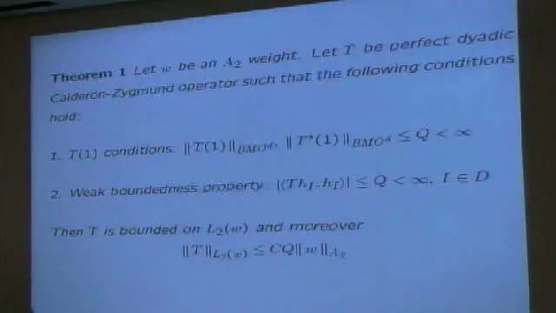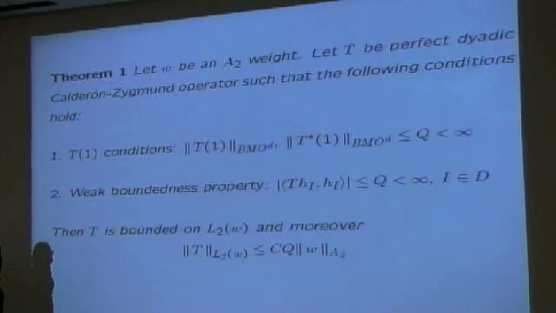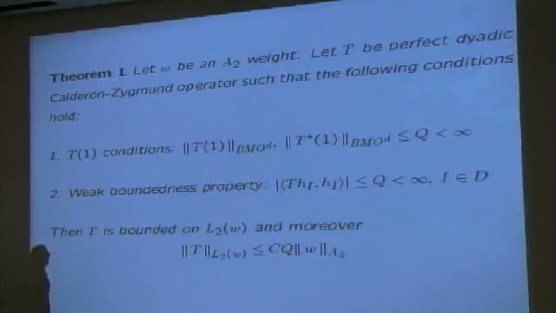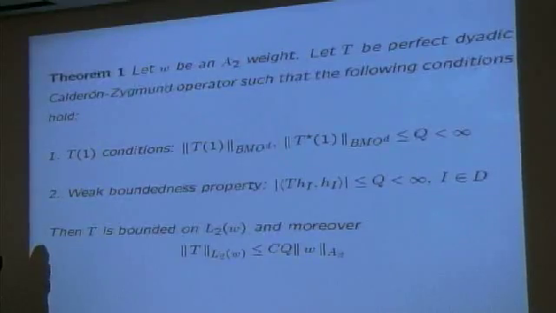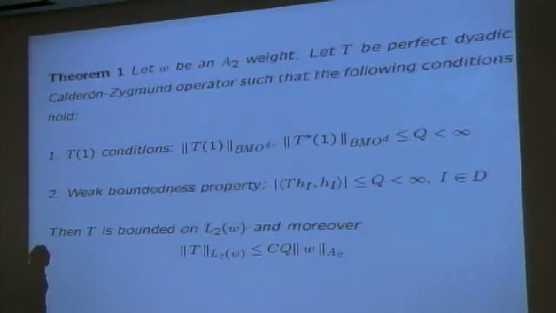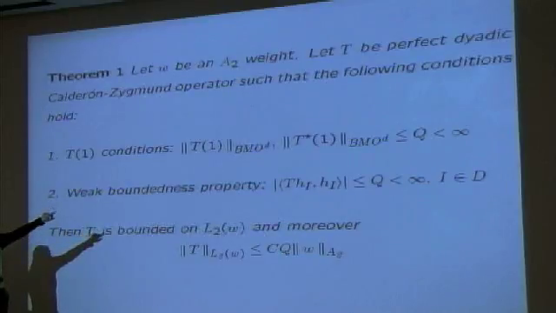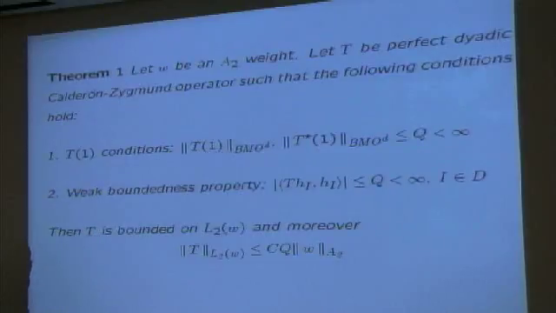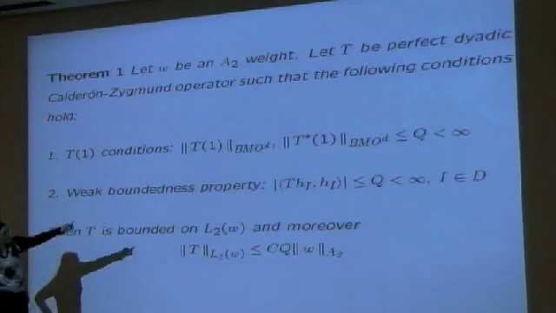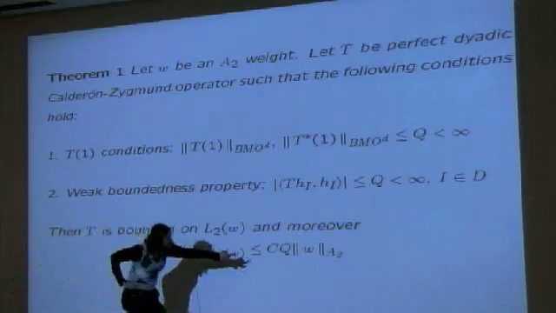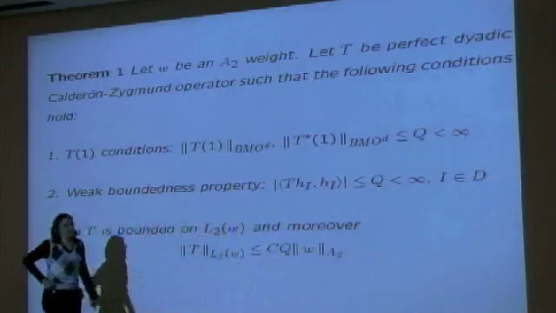if a weight w is an A2 weight, then a perfect dyadic operator T, whenever it satisfies the T of 1 conditions, that T of 1 and T star of 1 belong to the BMO, and I have them bounded by a constant Q because this constant appears here, right?